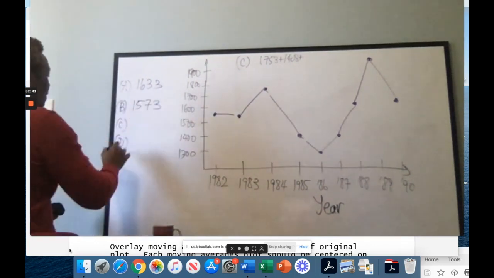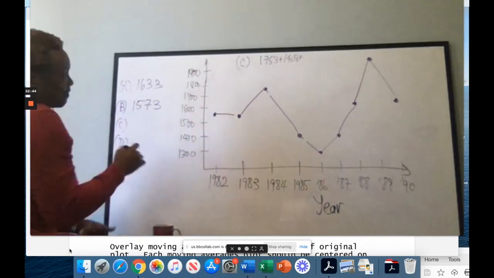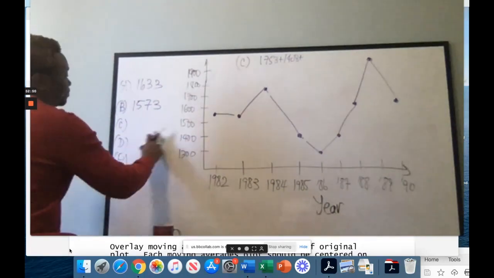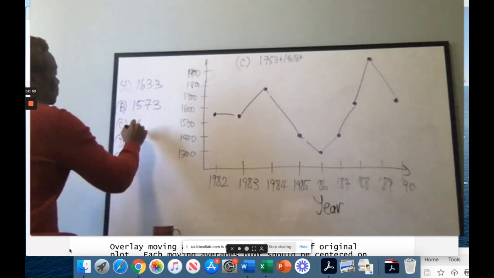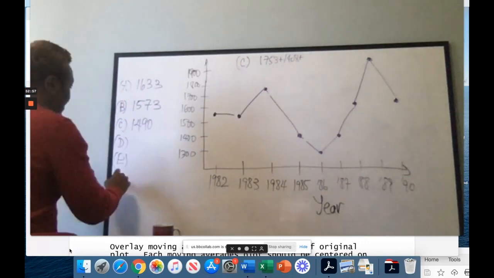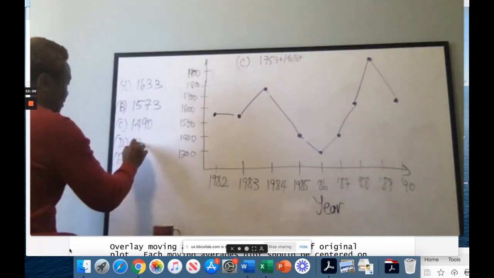Okay. C, what you guys get for C? And if you get something different, you're going to have to chime in. 1490.3. Okay, 1490, I'm just going to round it out. D, what did we get? 1380. Okay. E.